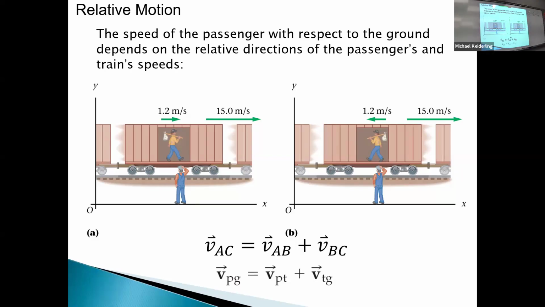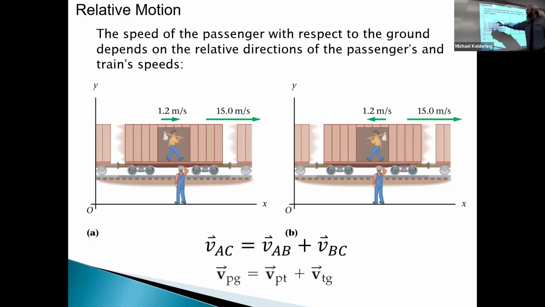So this is how you can figure out relative velocity. So if we look at the first case, the velocity of the passenger with respect to the ground.